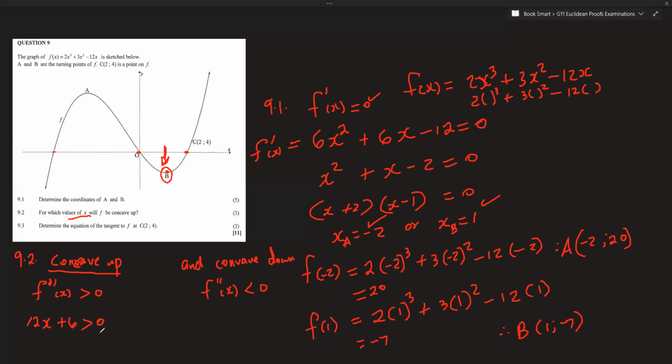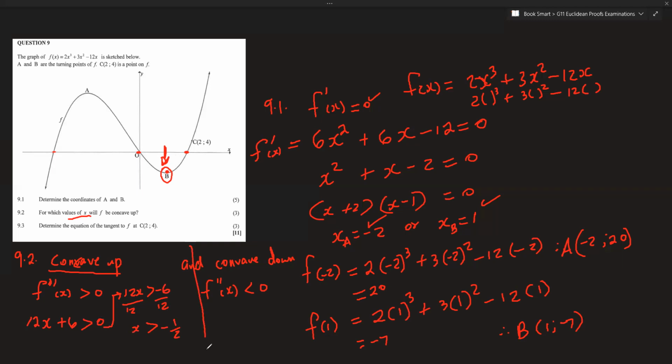Then we can easily solve the inequality now. Because I don't have space, I'll just quickly go there, which is 12x is greater than, I'm moving the 6 to the other side, it becomes negative. Then I divide by 12 both sides. Then x will be greater than negative 1/2. Right.